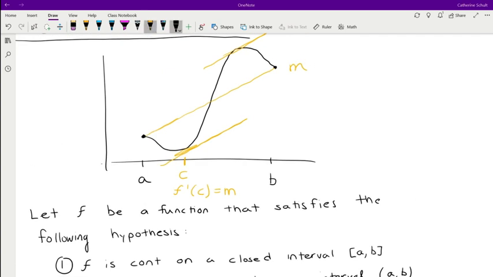But let me give a little bit more information. M is really the difference of Y over the difference of X, okay? So we can pretty clearly see what the difference of X is going to be. It's going to be B minus A.